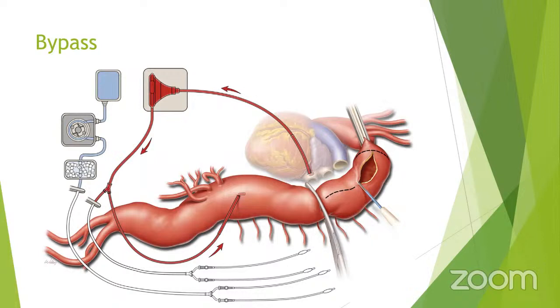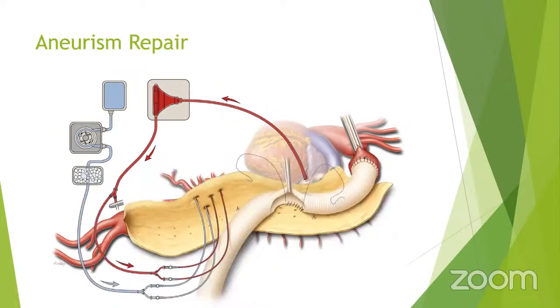The use of the bypass machine also provides selective perfusion to the visceral branches of the aorta during the repair, which we'll show you in a minute. After applying the proximal and distal cross clamps and controlling the visceral branches, the aorta is opened longitudinally.